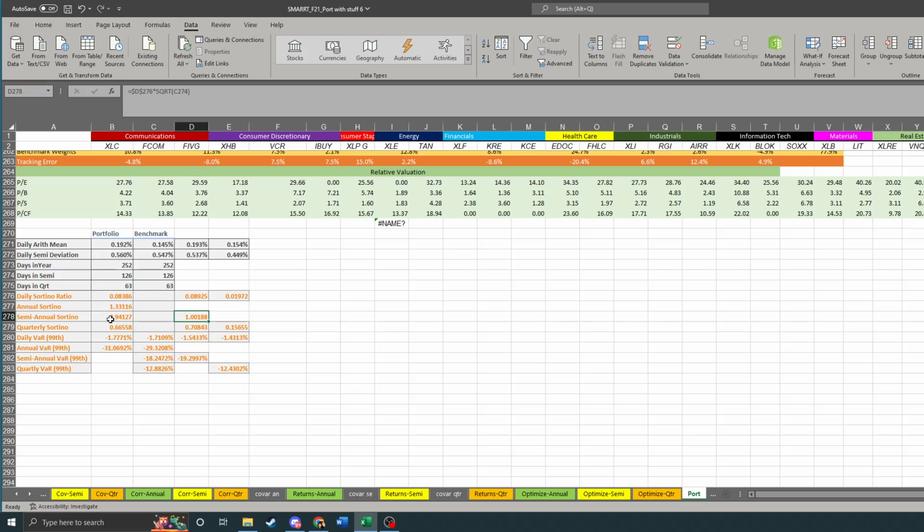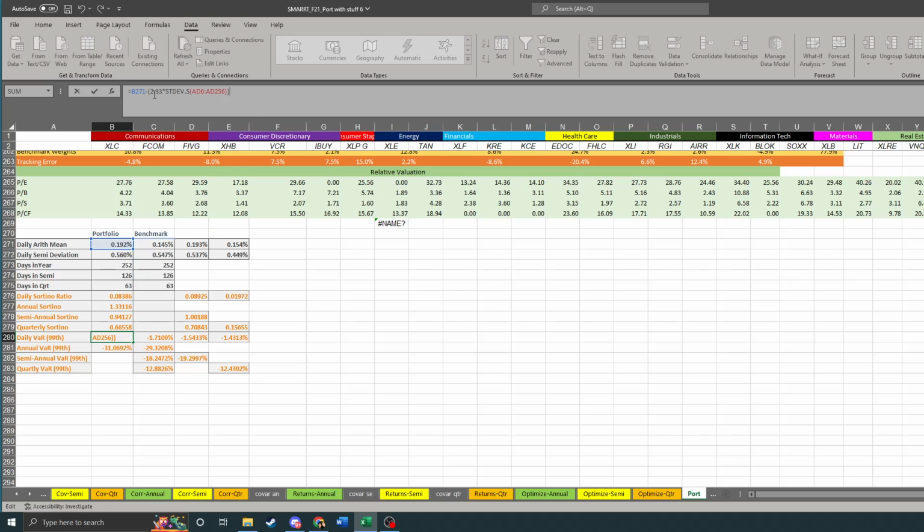Then for the value at risk on the 99th percentile, this is basically what's the worst we can lose on a day. The worst you can lose from a 99% confidence interval is like 2% pretty much. Calculating these isn't too bad.